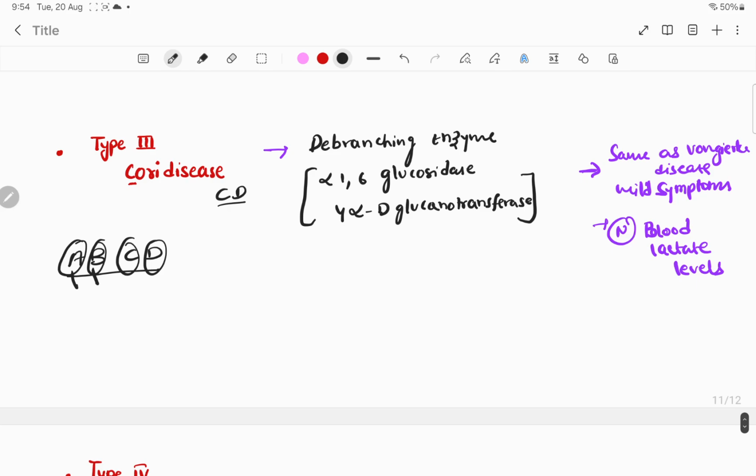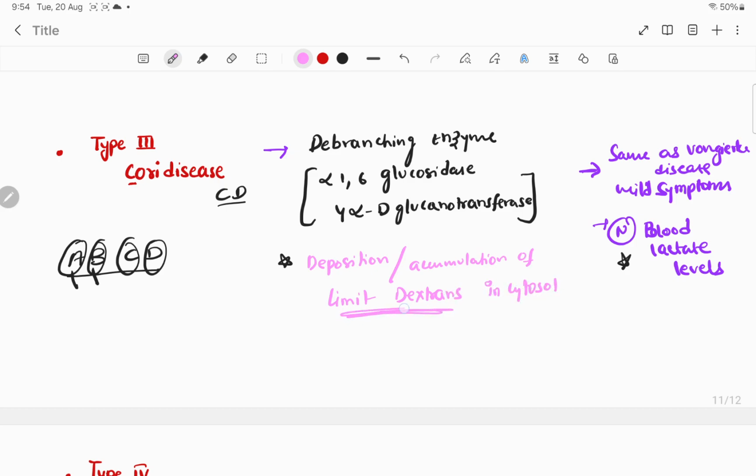The symptoms are similar to Von Gierke disease, mild symptoms, and most importantly normal blood lactate levels. One more thing is there will be accumulation of limit dextrins in the cytosol.